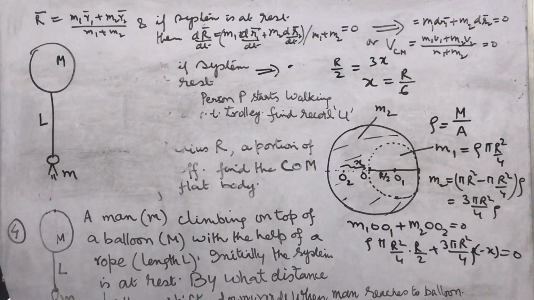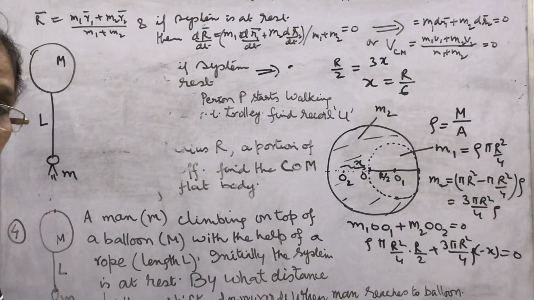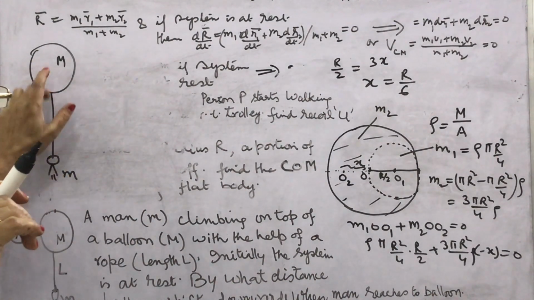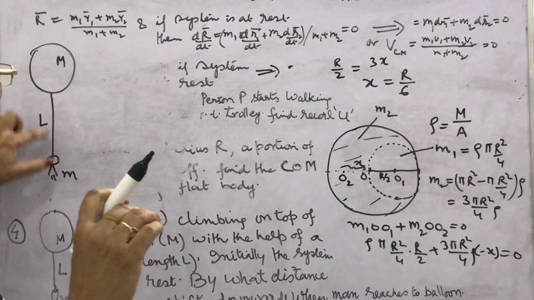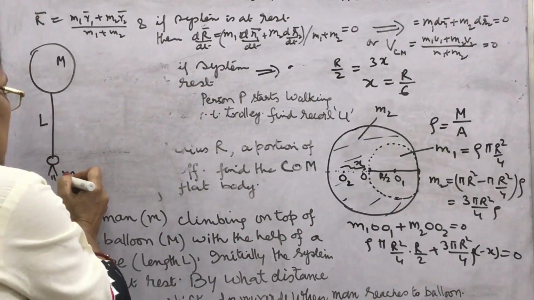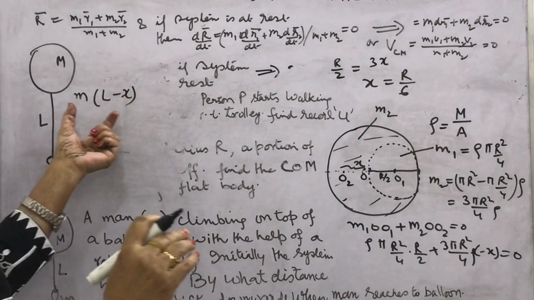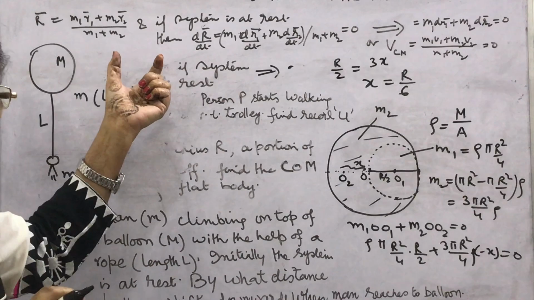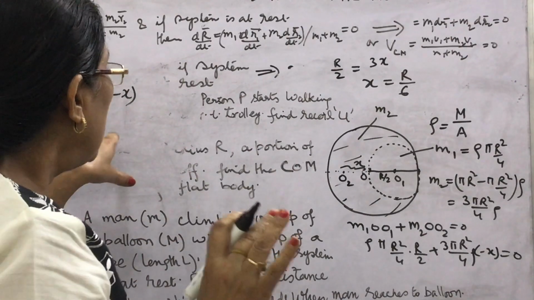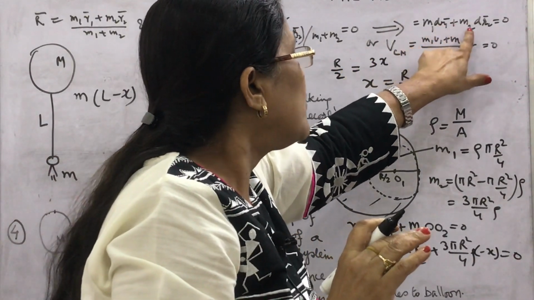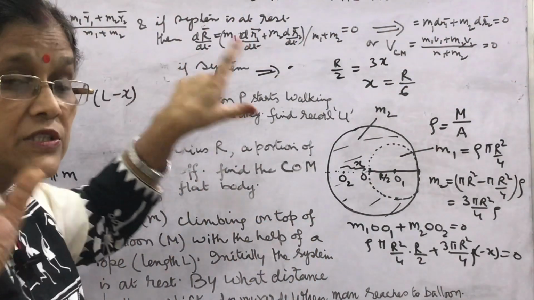The balloon will come down in the downward direction as the man climbs. Actually, the man will climb with a distance that is not the total length L. The distance covered by the man will be L minus X. External force is 0, so momentum will remain constant, or you can say M1 dr1 plus M2 dr2 equals 0, since the system is at rest and there is no external force.